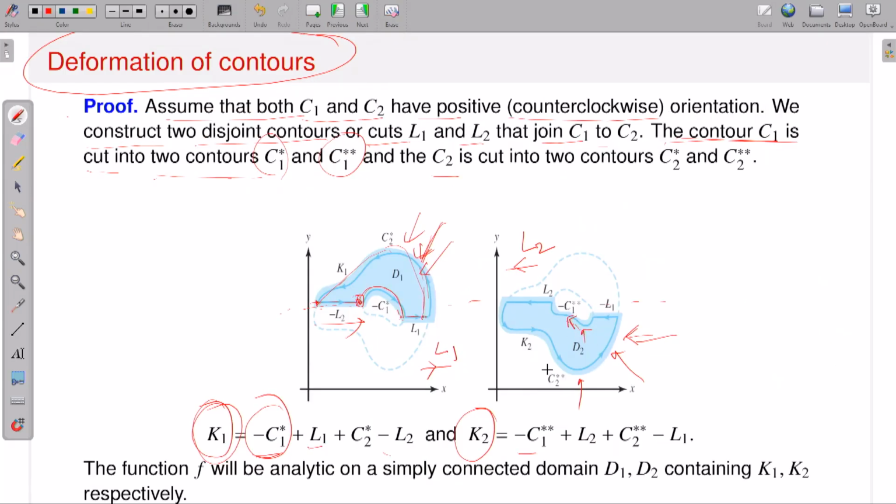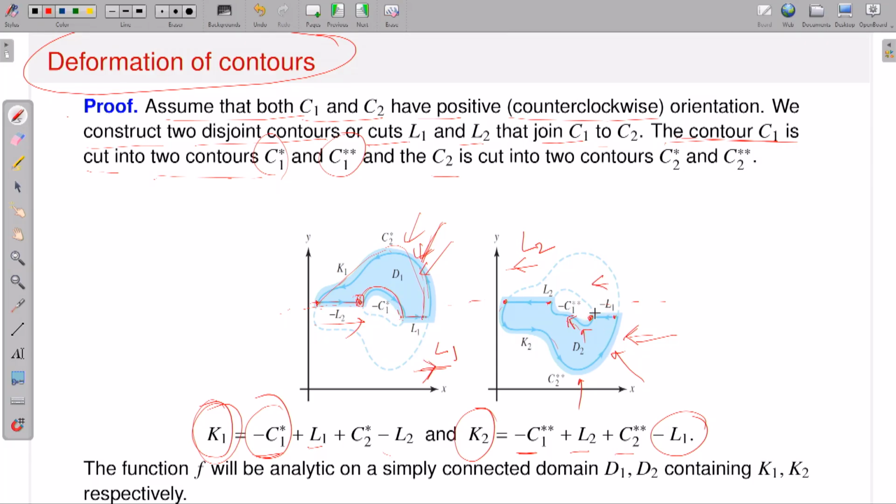So I am starting from here, using minus C1 double star I am reaching here. Then I am considering L2, and through L2 I am reaching here. Then I am considering C2 double star, which is again in these directions, so I will reach up to that point, and then I have minus of L1. L1 is in these directions, so minus of L1 means the opposite direction, and I reach here.